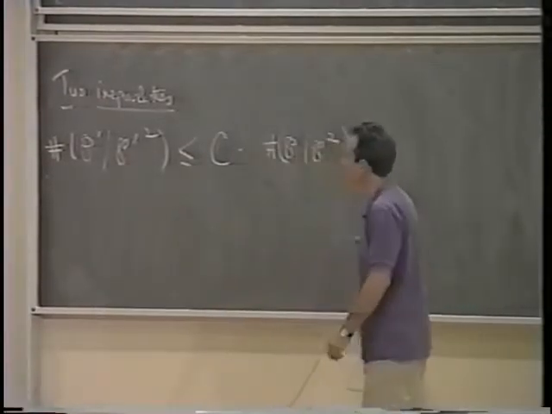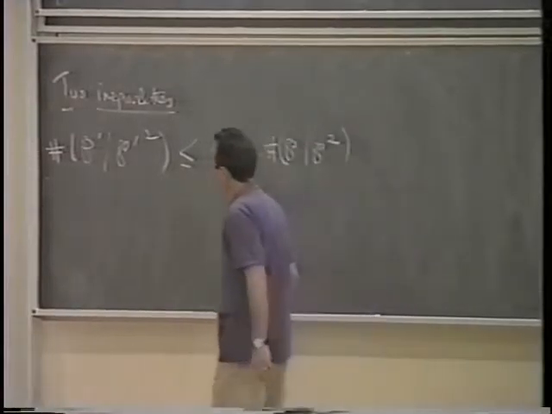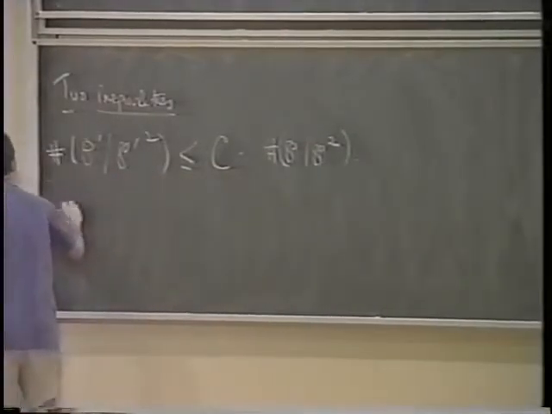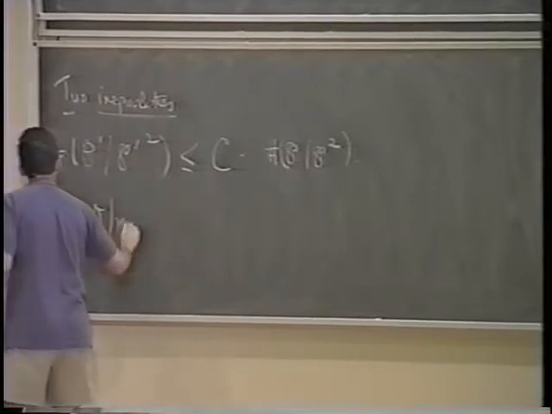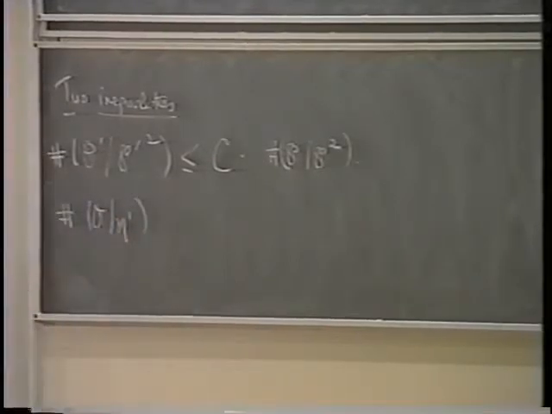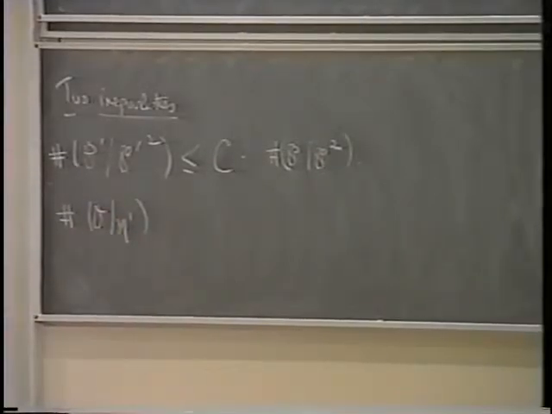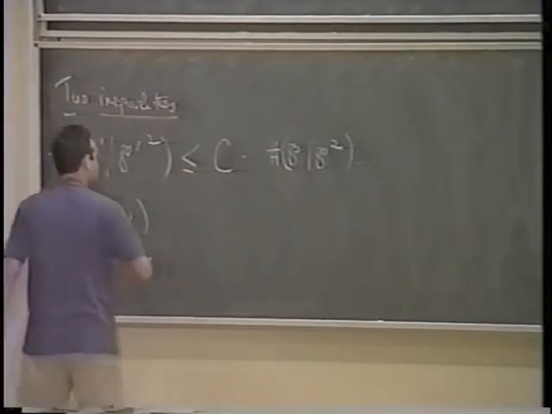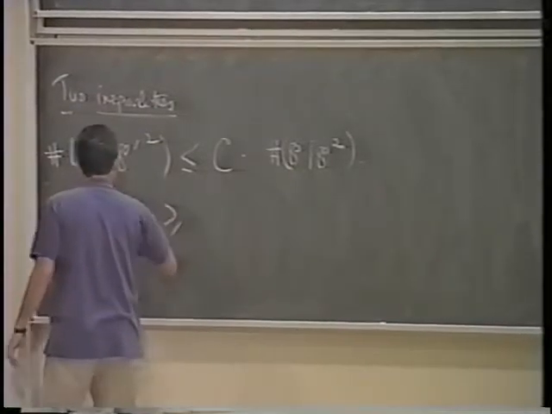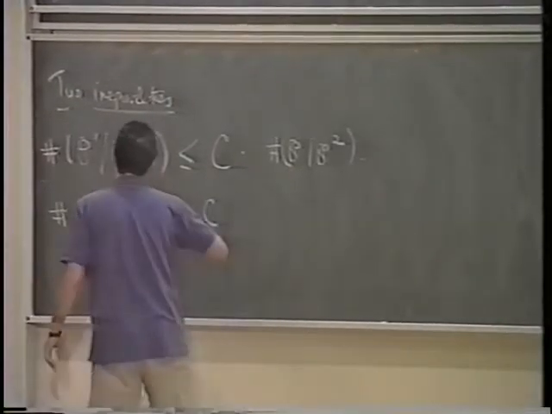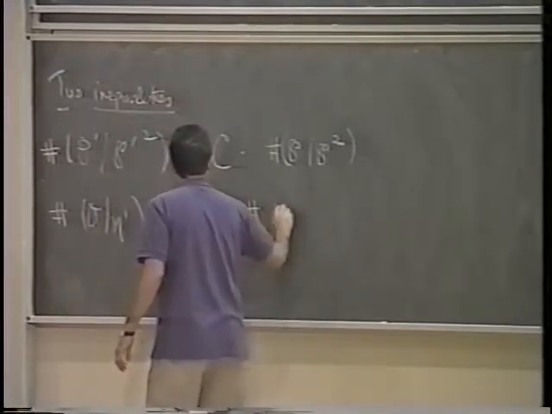That's the first thing that you want. And the second thing that you want is that O mod eta prime, the analog of eta for the algebra T prime rather, you want this to be greater than or equal to the same constant times the order of O mod eta.